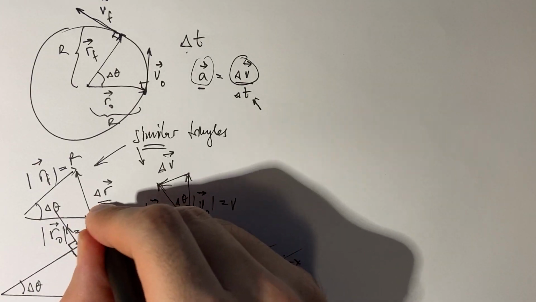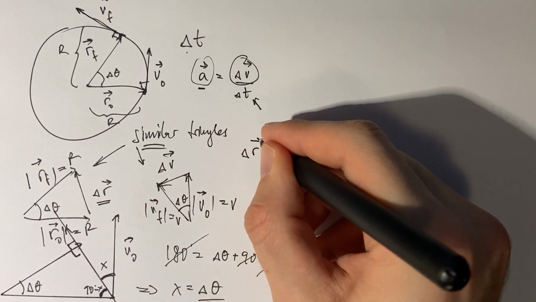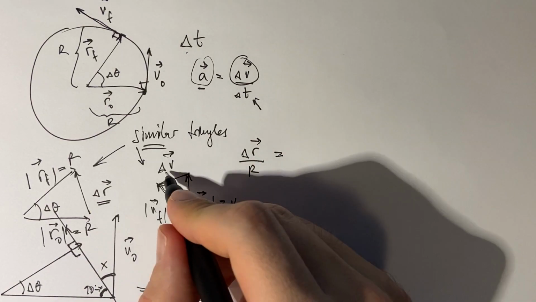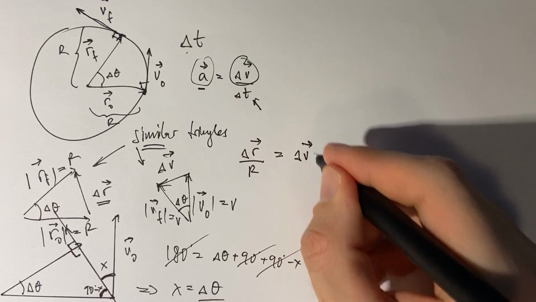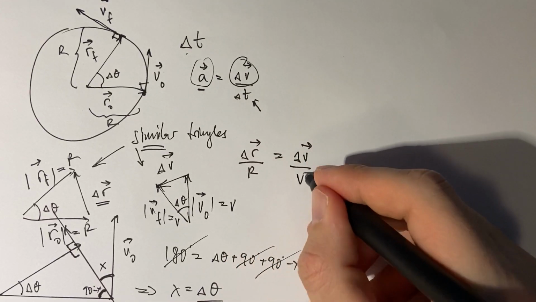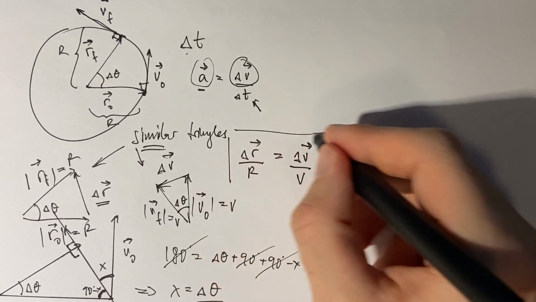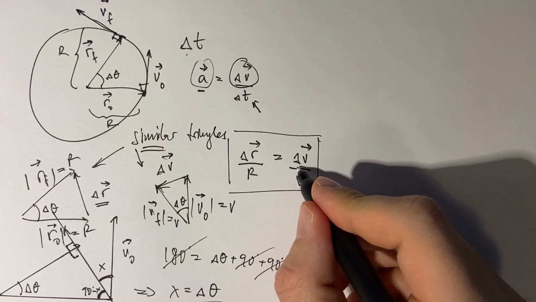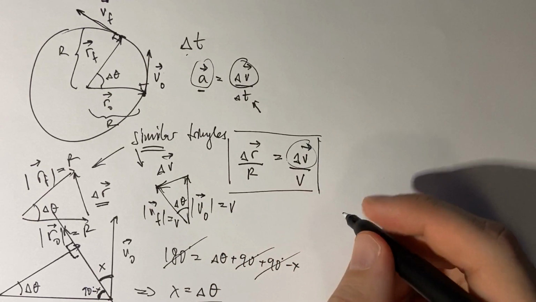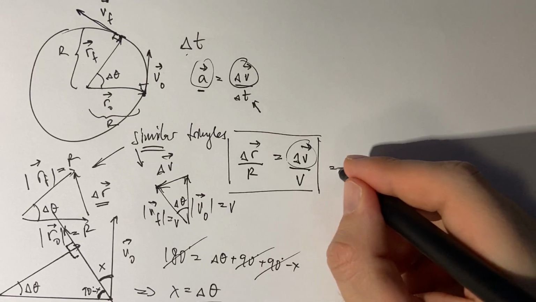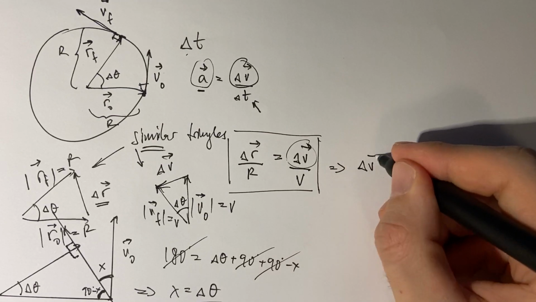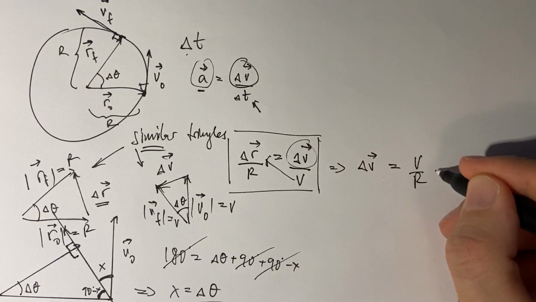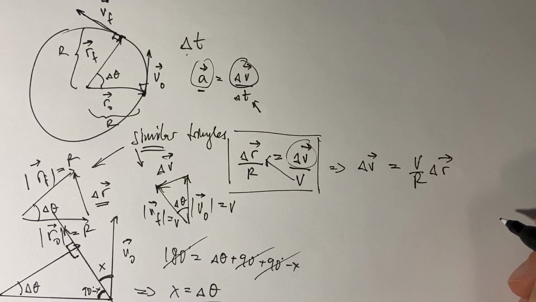For instance, we can write that delta r over r is actually the same as delta v over v. This is an important expression. And we would like to have delta v on one side, and that will of course be delta v equals, we move up v, v over r times delta r.